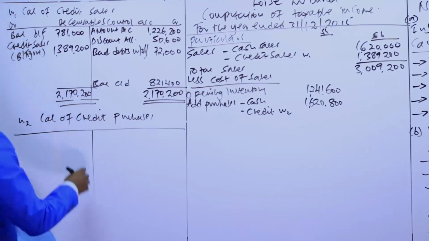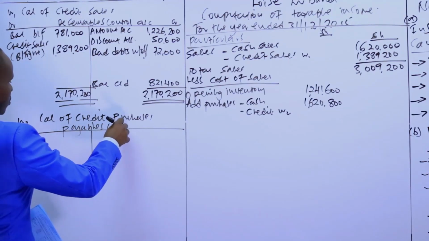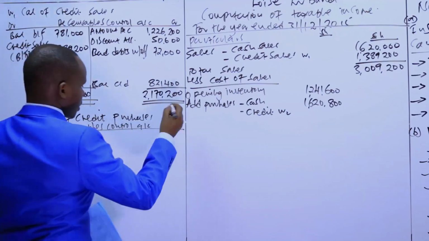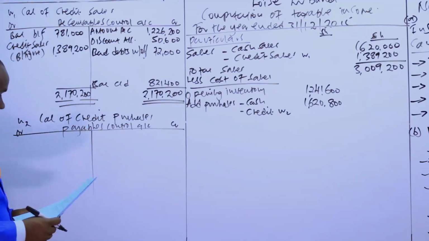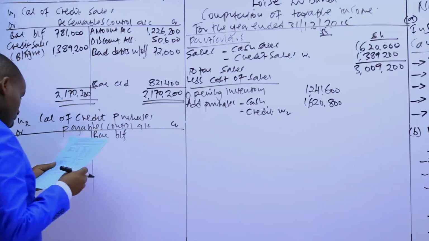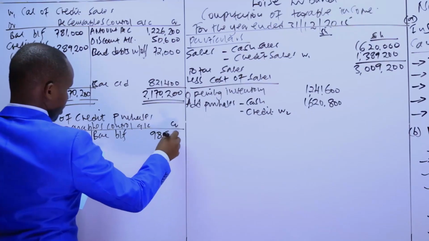Here we draw the payables control account, debit and credit. This is a liability account, so the balance is on the credit side. Balance brought forward for the payable is 985,000.